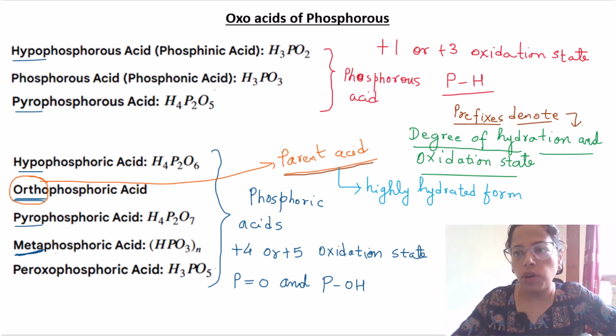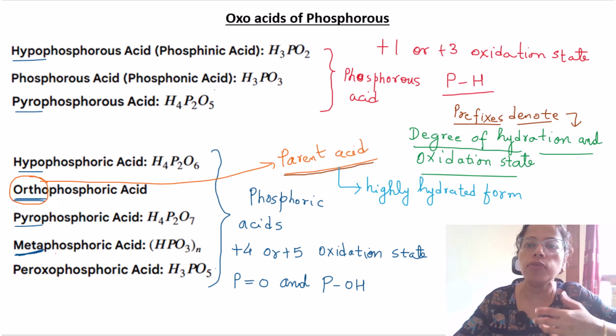Okay, if one water molecule is removed, then we have a prefix. If more than one water molecule is removed, then we have a different prefix. If the removal of water molecule is through heat or through other resources, then we have a different prefix. So the rest of the oxoacids of phosphorus are formed by the dehydration of orthophosphoric acid.